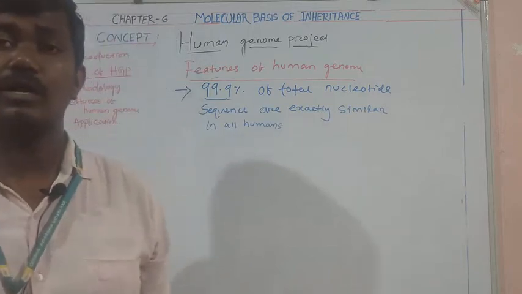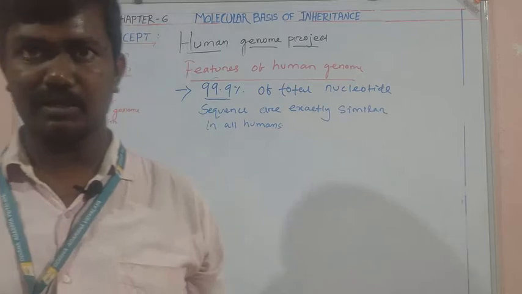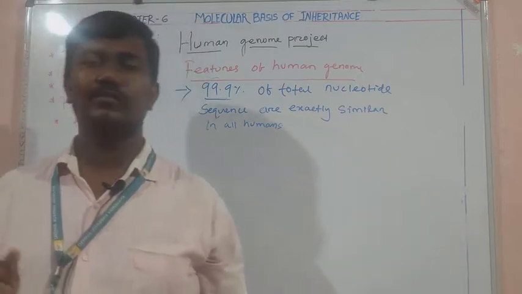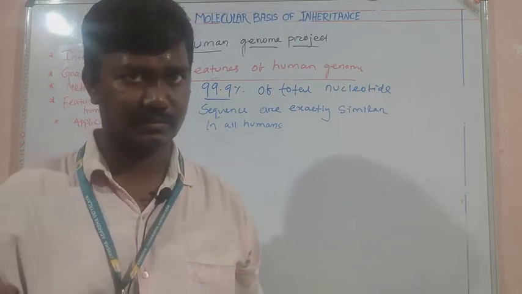Only 0.1% of the total genome, that is about 3 million base pairs, is responsible for the variety that occurs in human beings. Got it?